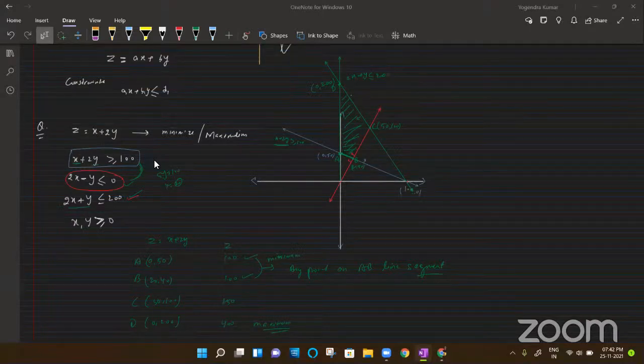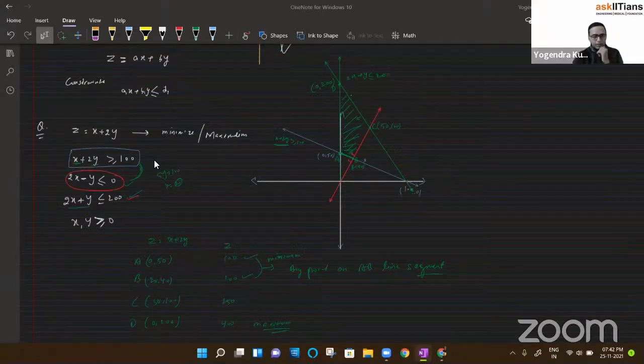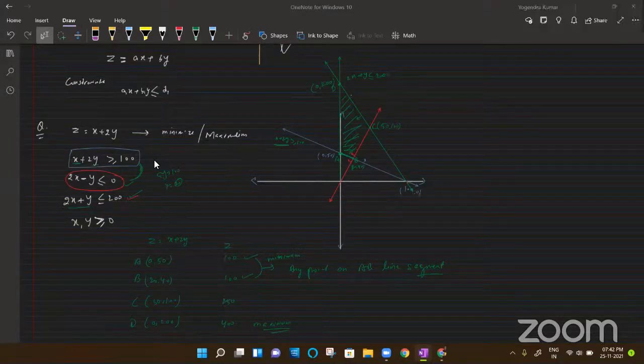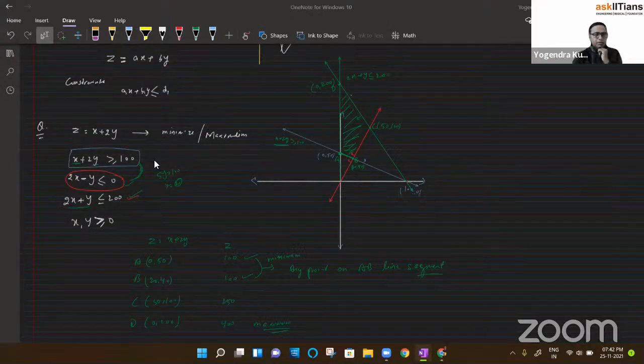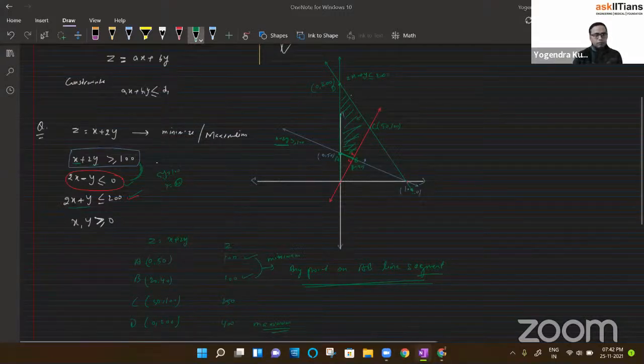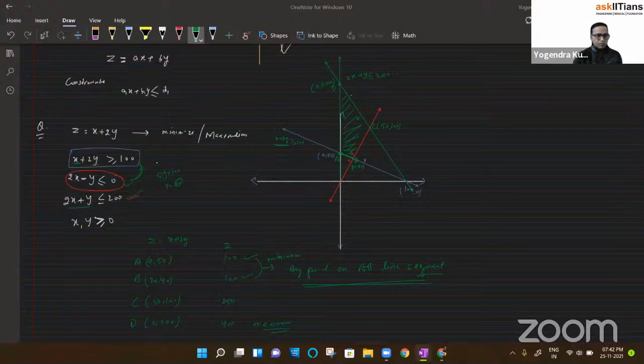It looks like true, but just now we saw it can be at any point on a line. So remember, it is false. We can see that from this question itself: it can be a line too.